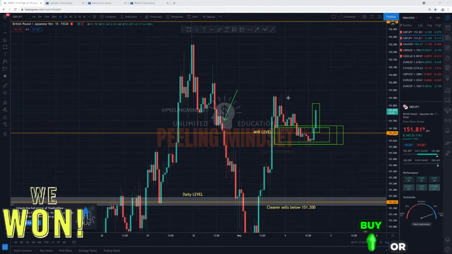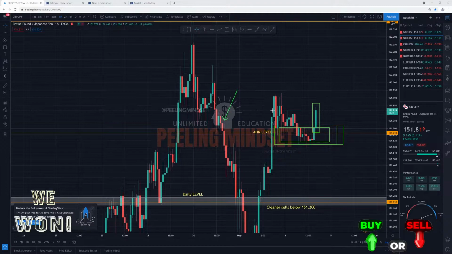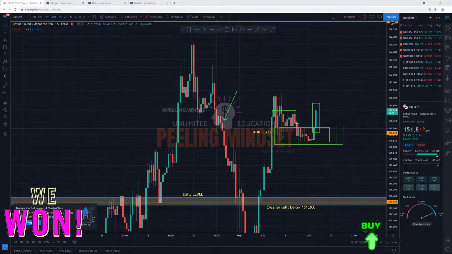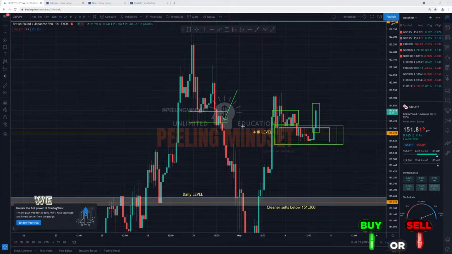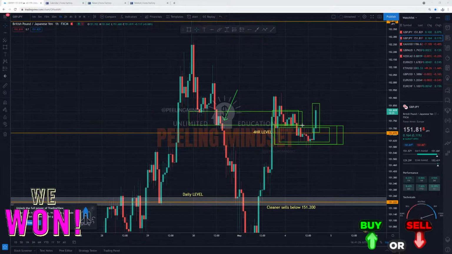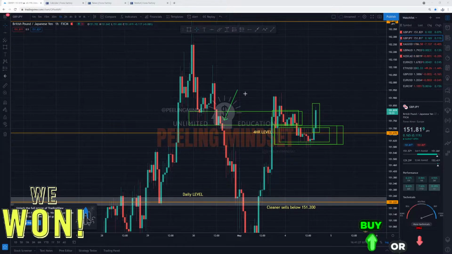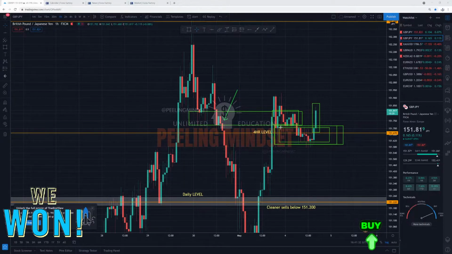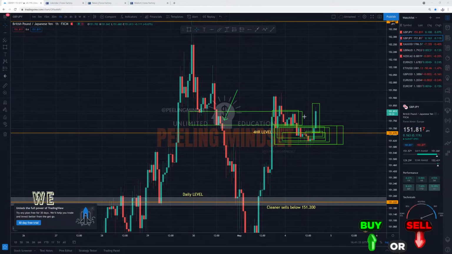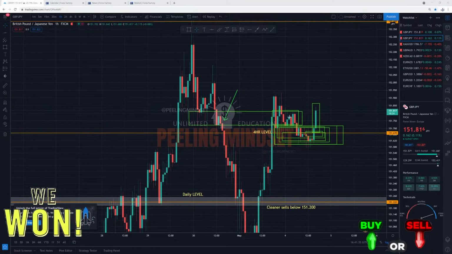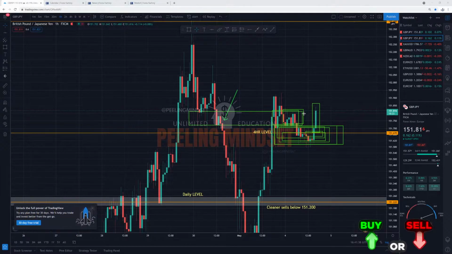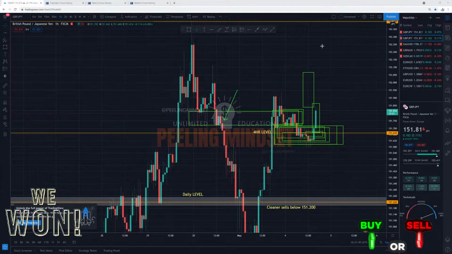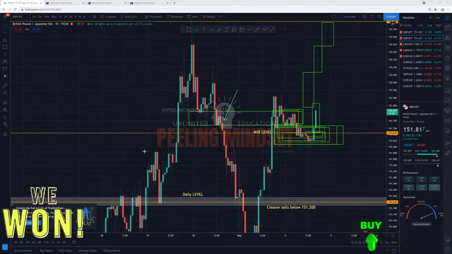It wants to get away from ranges. That's what price does. And this is another dirty range here. If the price is going to leave that zone, we have to see a candle closing above this dirty range, and maybe next time it's going to leave this dirty zone and continue further up. We have to wait and see.